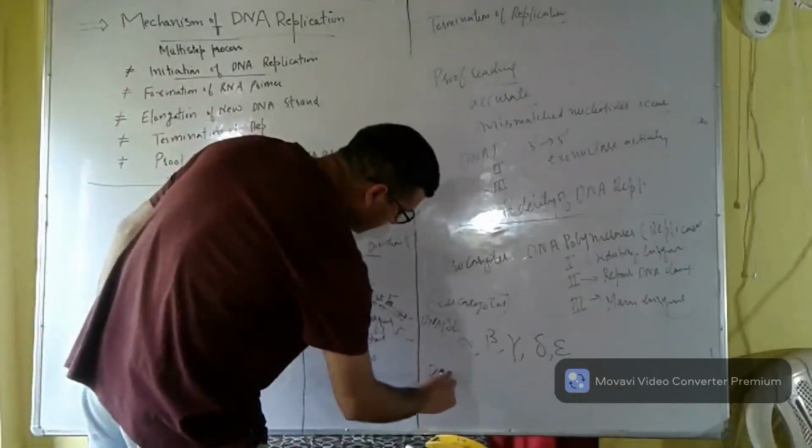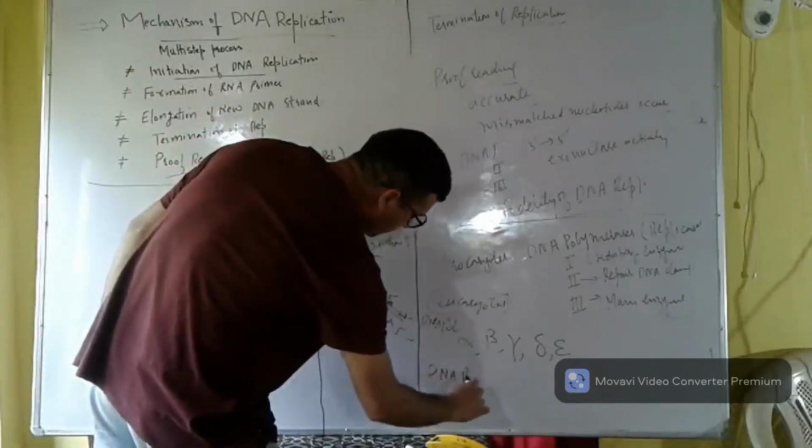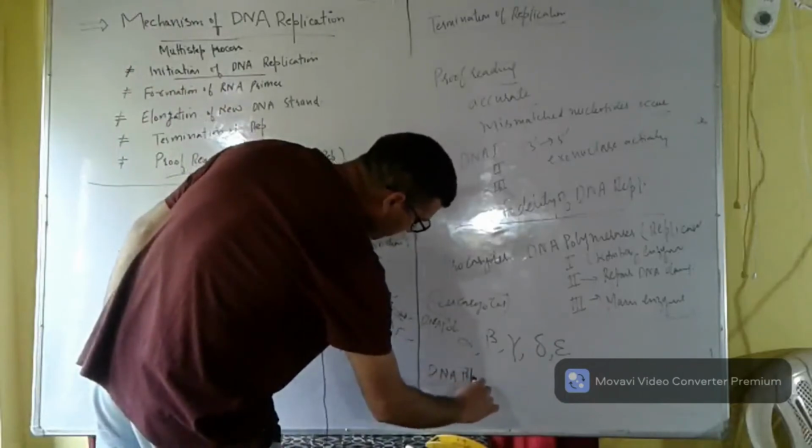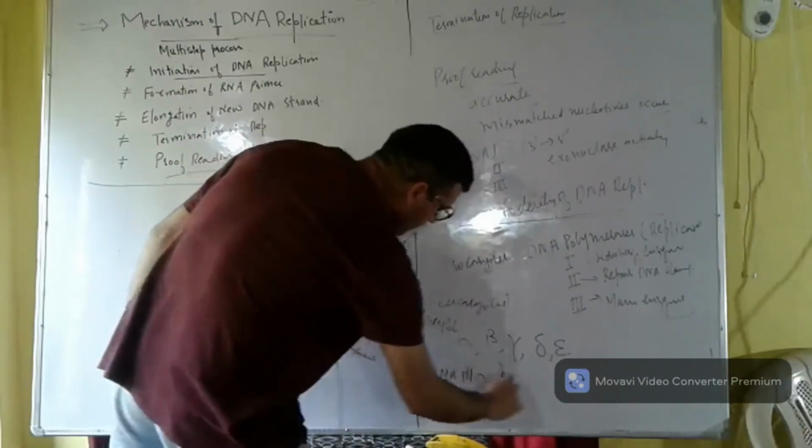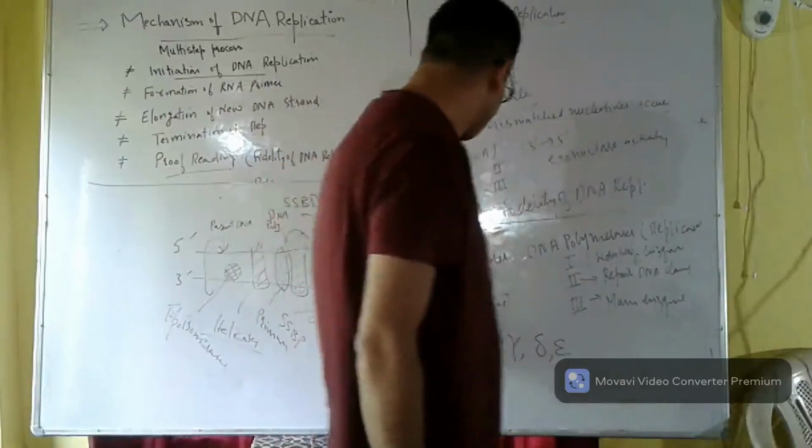Among these, DNA polymerase alpha is the main enzyme of DNA replication in eukaryotes.